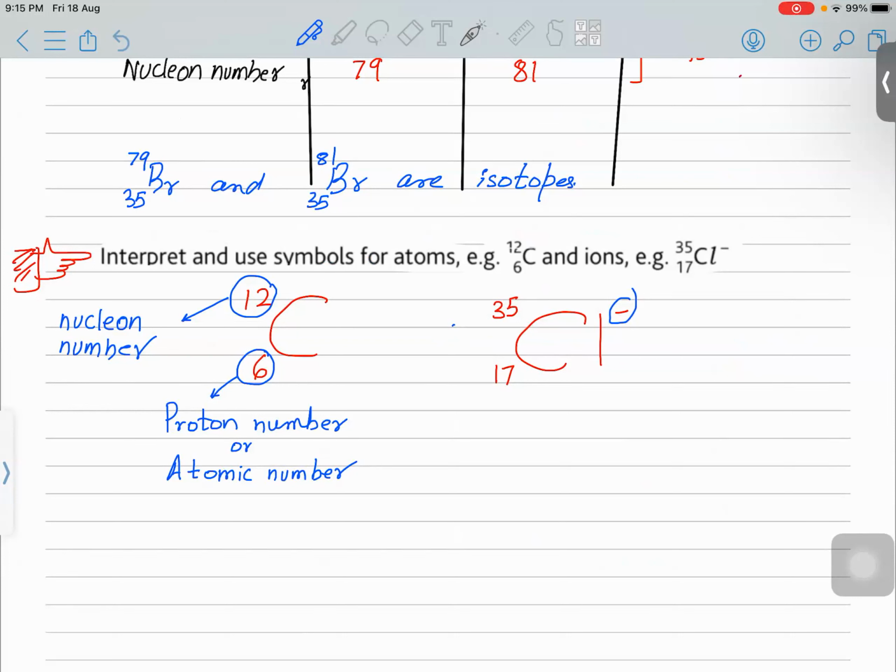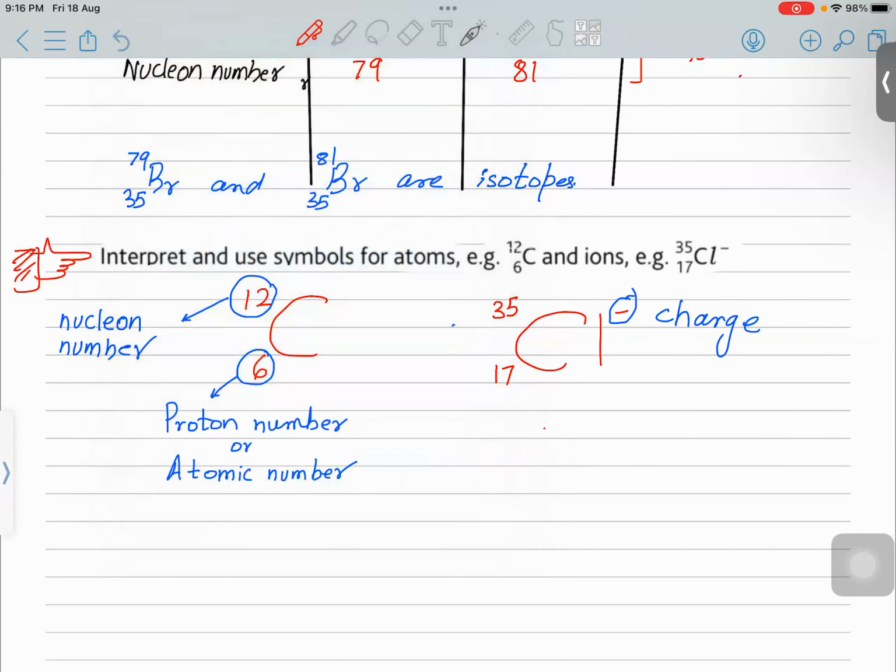Can you repeat what the negative sign indicates? Yes, this negative sign indicates charge, minus 1. Either you have negative or you have positive, right?